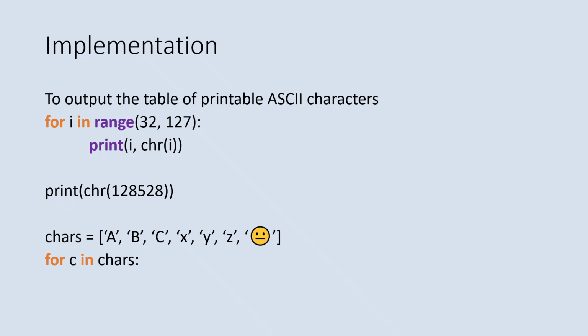Just called it C, the current character. Then we can print C and the ordinal of C. So you get the character, which we know are the ones that we've listed specifically, and you get the number that's associated with those. You can see there are two different directions we can go. You can start with the number and get the character. You can start with the character and get the number.